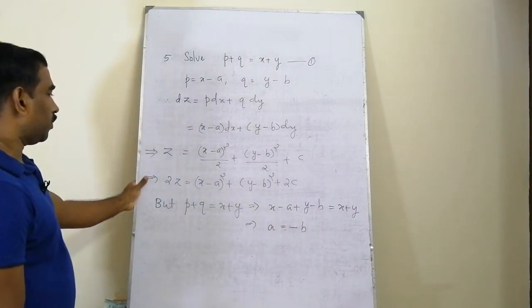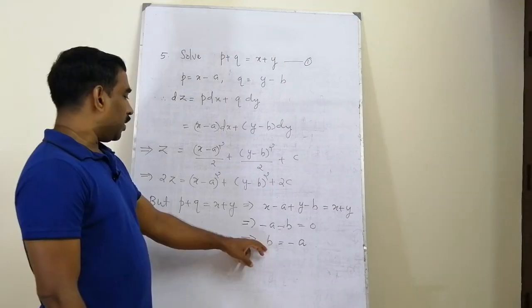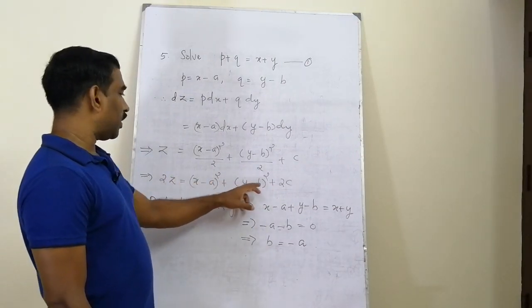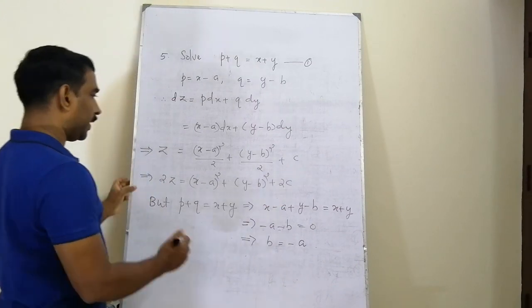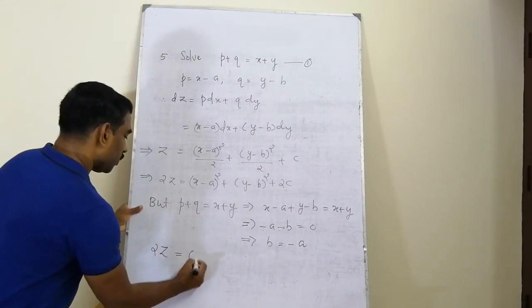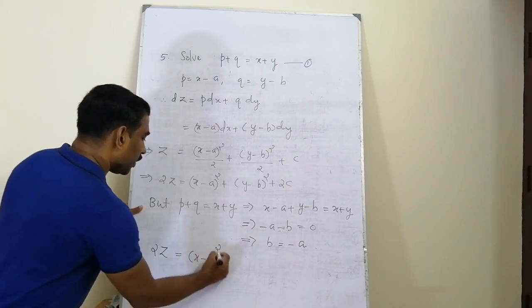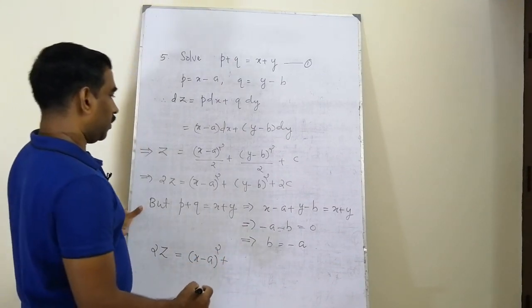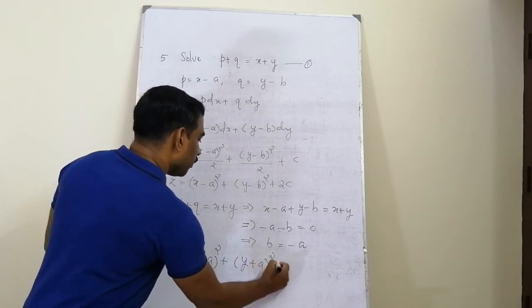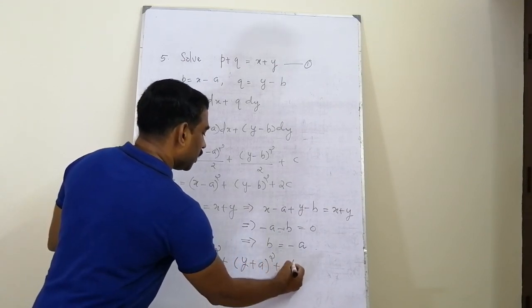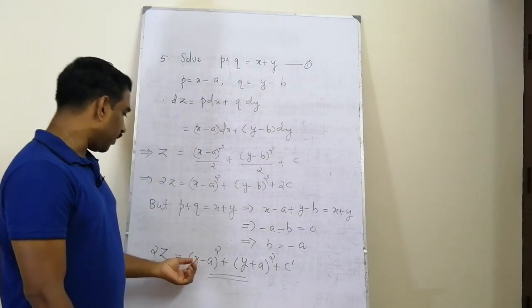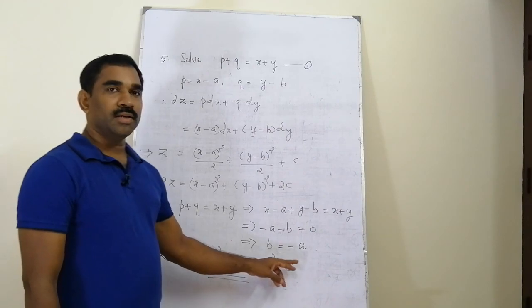Putting b equal to minus a in our relation 2z equal to x minus a square plus y minus b square plus 2c, we get the complete integral as 2z is equal to x minus a the whole square plus y plus a the whole square plus 2c. We can call it as another arbitrary constant, say c dash. So this is the complete integral involving two arbitrary constants a and c dash.